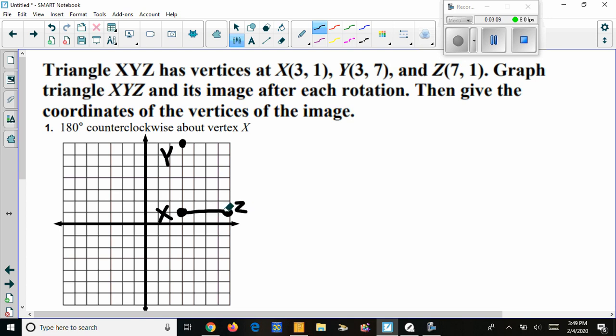We have a right triangle, and we're being asked to rotate 180 degrees about vertex X. Meaning I'm going to take X and spin my picture around it. It's much like if I were to stick my finger down on a piece of paper and turn the paper.